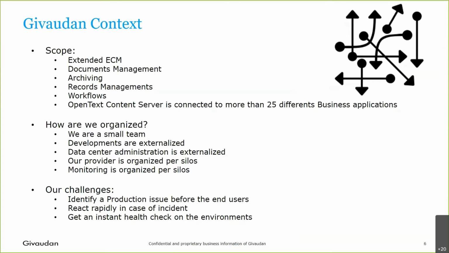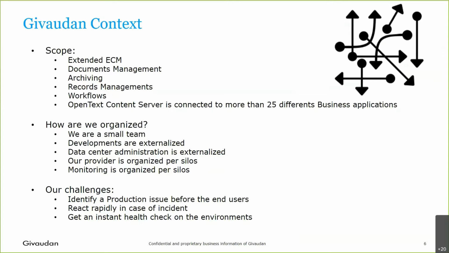And believe me, this is still true. We have production issues that have been raised by the end users. And this is quite frustrating because we are in 2020 and we could have many different tools to monitor that and to offer a better service to our users.